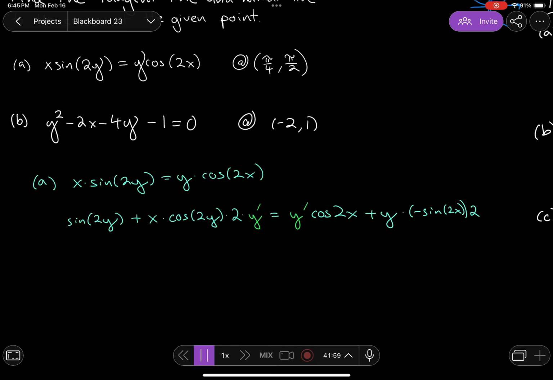All right. And gathering all y prime terms to one side, and all non-y prime terms to the other, looks like I will have a sine of 2y plus 2y sine of 2x, and that's equal to y prime times the cosine of 2x minus 2x cosine of 2y times y prime.